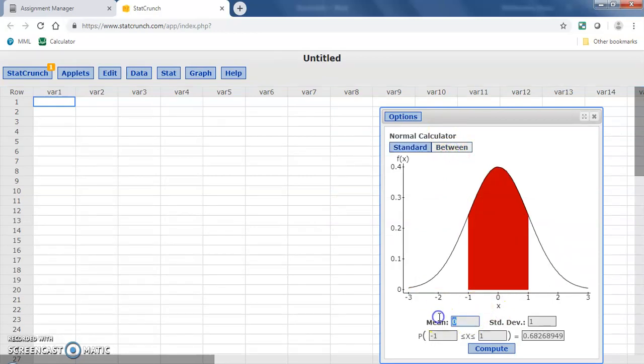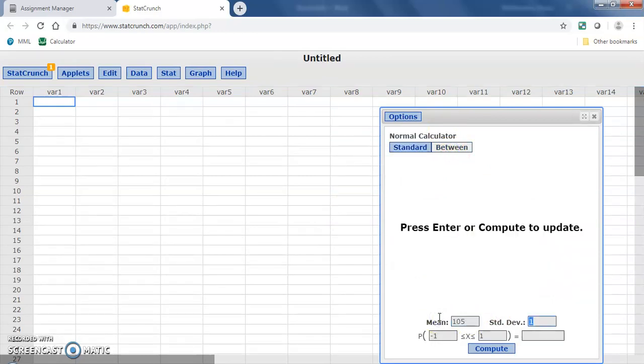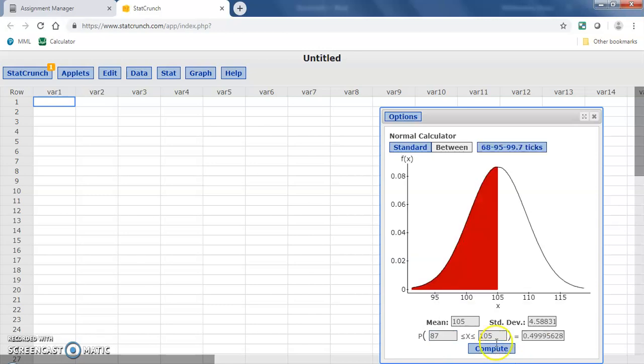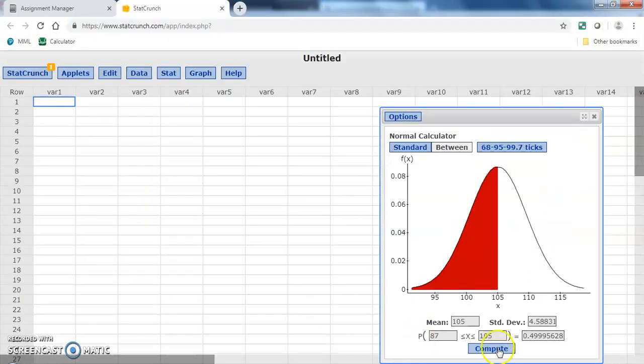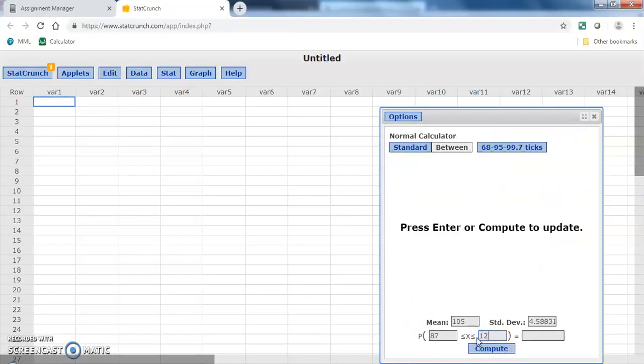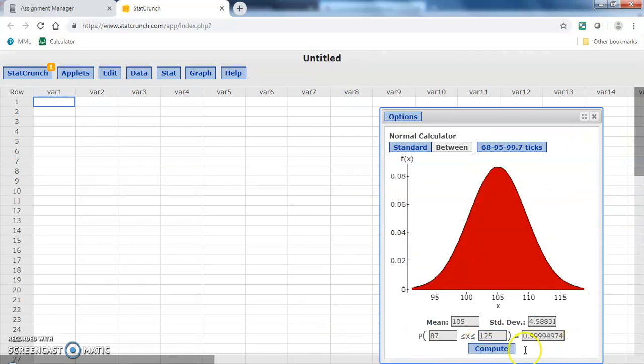Now the mean was 105, and the standard deviation they're referring to is actually your standard error, which is 4.58831467, and you want to find the area between 87 and 125. Oh, I meant 87 and 125.